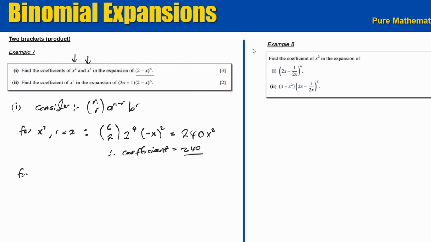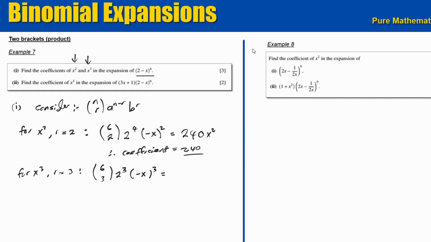Then for the term in x cubed, r will be equal to 3. So in our case we're saying that 6 choose 3 of 2 to the power of 6 minus 3, which is 3, of minus x raised to the power of 3.